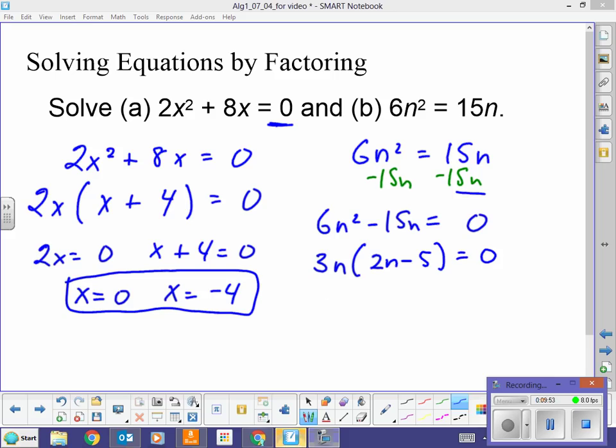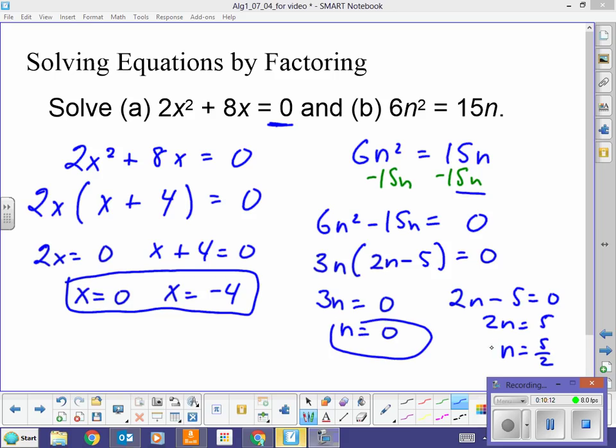Okay, so now I can use the zero product property and write two equations, one for each factor. N will equal 0. And over here, 2n equals 5. So n equals 5 halves. And those are my two solutions for this equation.